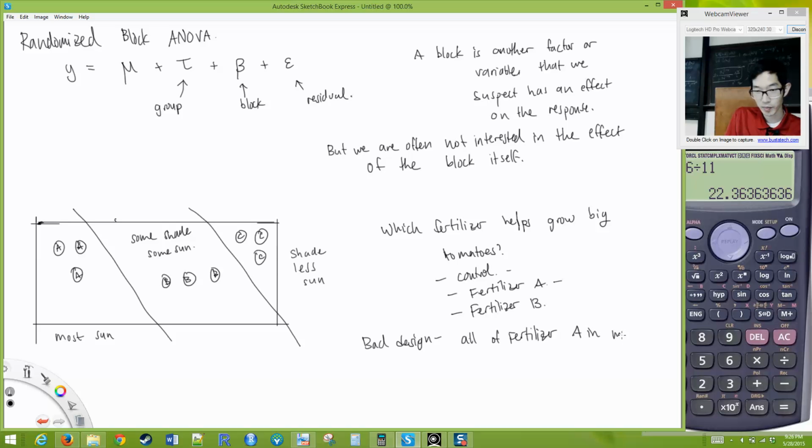Now, random design. With random design, you would just randomly assign where A, B, and C go. So with random, you might end up getting 2 A's over here and 1 B, and you might get 2 B's and 1 C, and you might get 2 C's and 1 A, or something like that. So with random design, you still might have more A's overrepresented here and C's overrepresented over here.